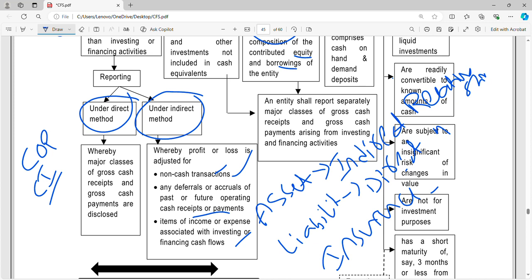For the cash flow from investing activity or cash flow from financing activity, we just need to see the amounts. Interest received or dividend received will come under investing activity, and the respective tax on long-term nature assets will come under the investing activity.